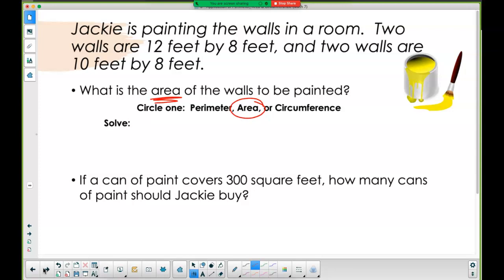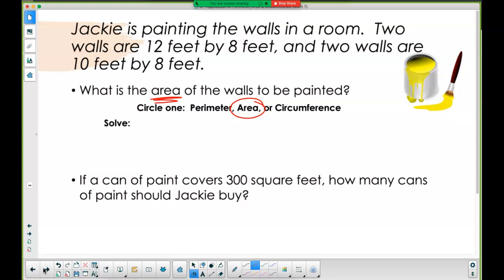What shape are walls? If I think about the walls in here, what shape are they? Are they circles? Are they triangles? Are they rectangles? Are they parallelograms? What are they? Hayden? Rectangle. Rectangles, right? So we're covering a rectangle with paint.